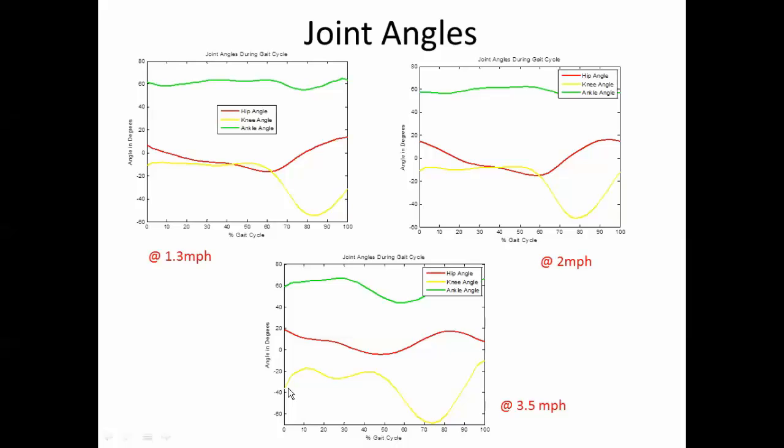But here we started at minus 35, so the range of the joint angles is changing, and that means with faster speeds we're not just moving the same exact way but faster, but we're moving in a different way. Now I cannot make a conclusion now about what the impact of that is, but further analyses can be made after this observation, and we could get some interesting insights into the way people walk.